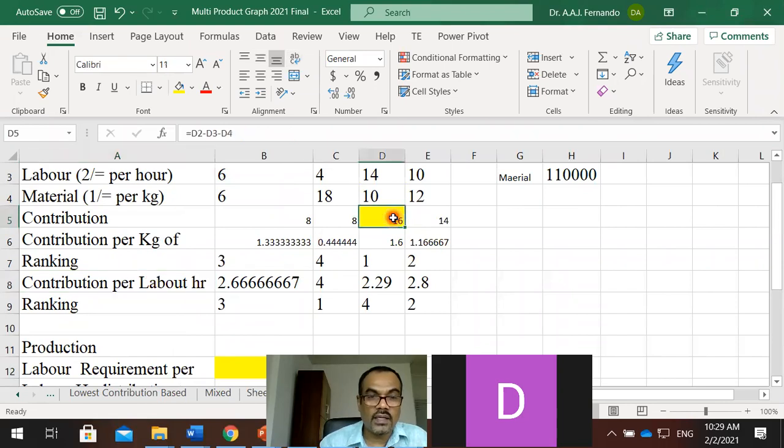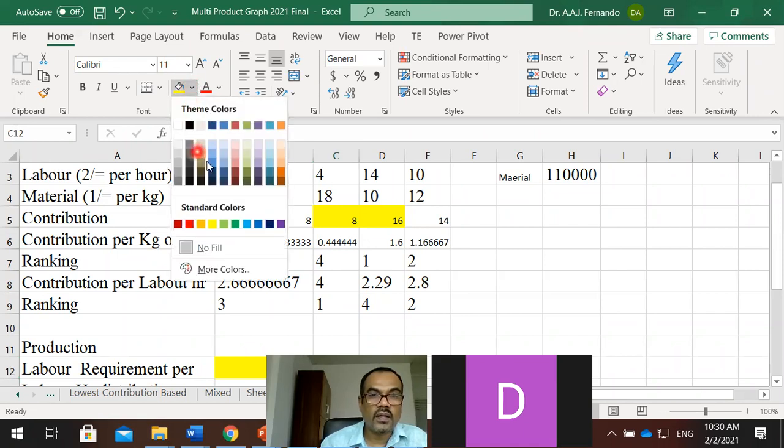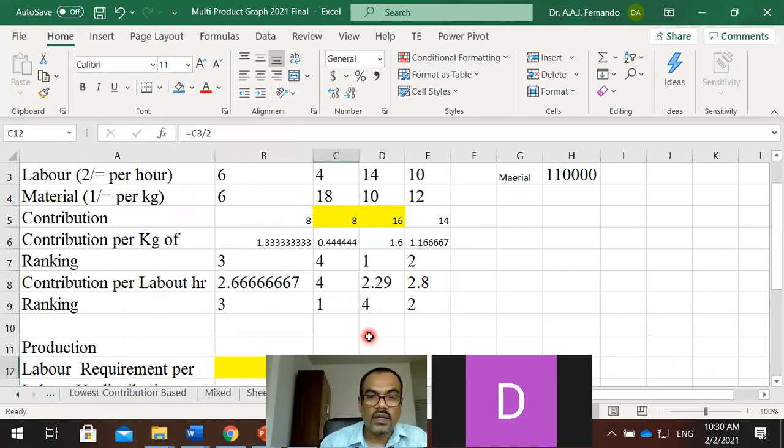Here you have 16, I'll take 16 divided by 7. This is one example; otherwise we'll take 8. This is the contribution from X divided by the labor requirement, which is 2. 8 divided by 2, the answer is 4.